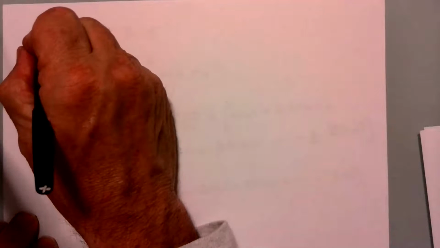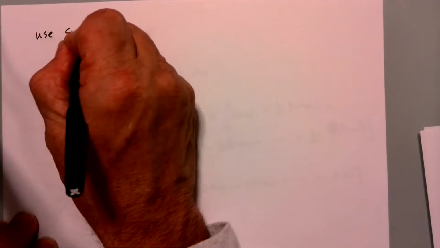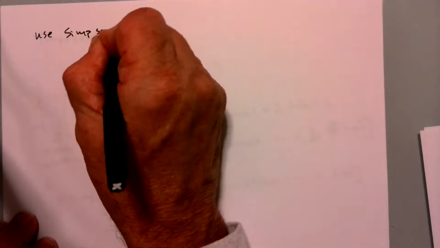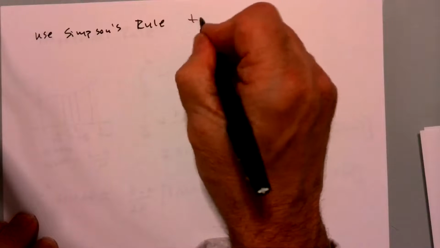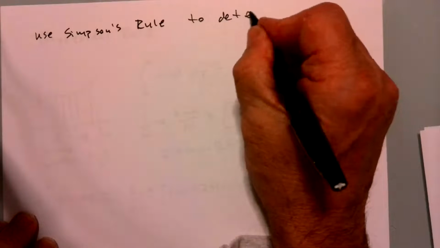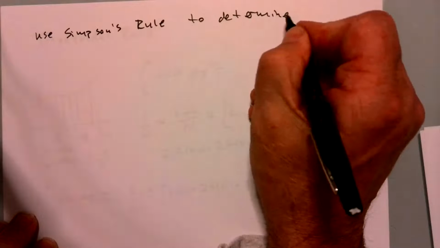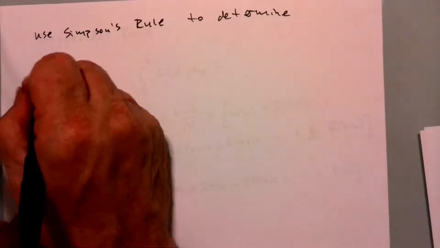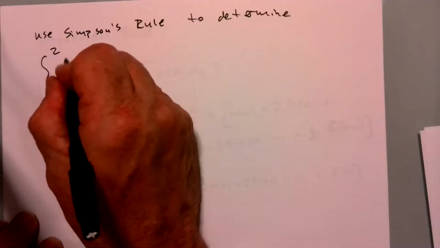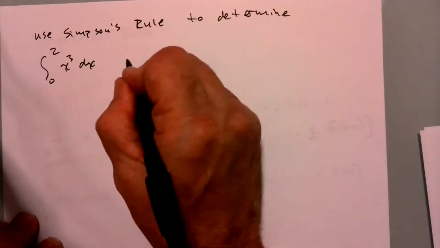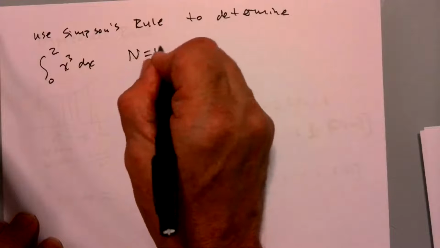So here we go. Use Simpson's rule to determine the integral from 0 to 2 of x cubed dx. In my case here, I'm going to say n equals 4.